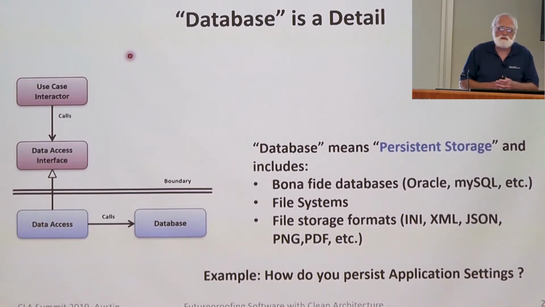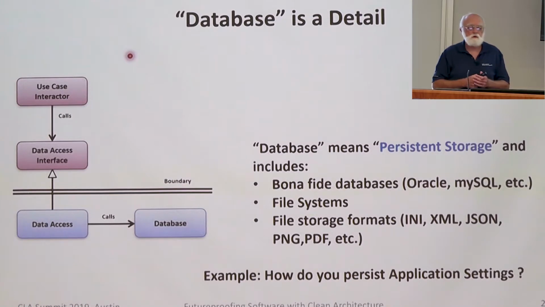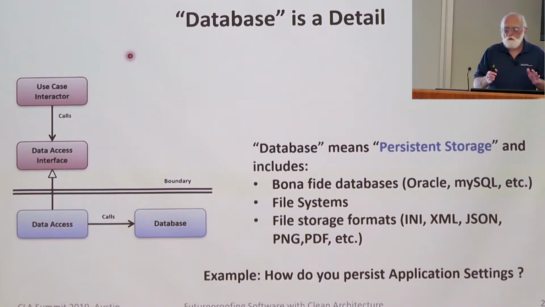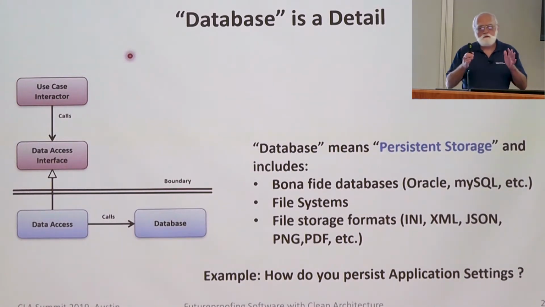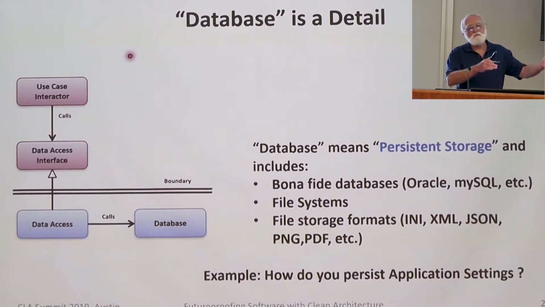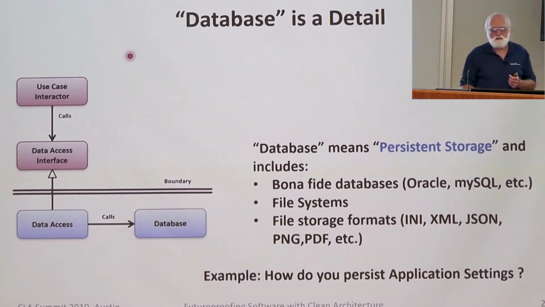So, database is a detail. I told you how to decouple from it, simple dependency inversion. But by database, in this book, what is relevant is that it is the persistent storage. So if you're not using a database, but using INI files to store configuration, that's a database in the context of this book. So it includes the bona fide databases like Oracle, MySQL.